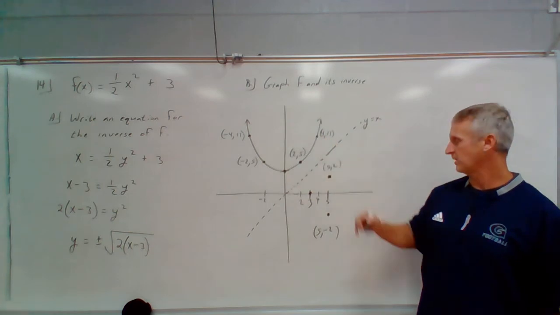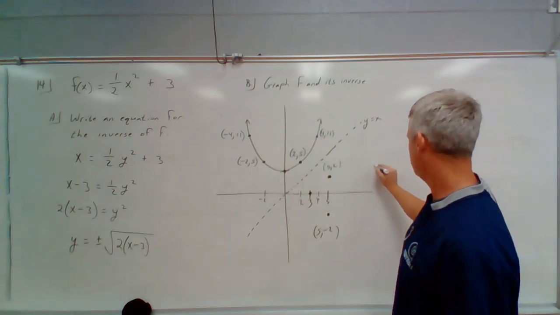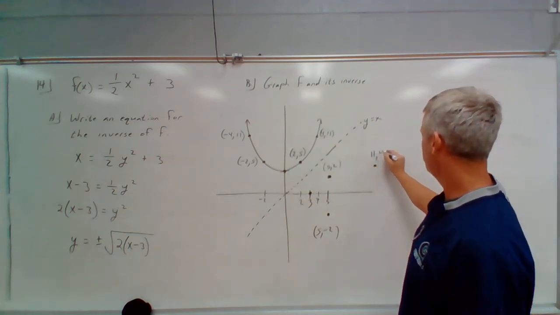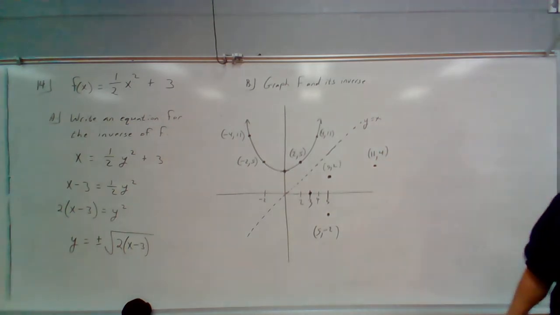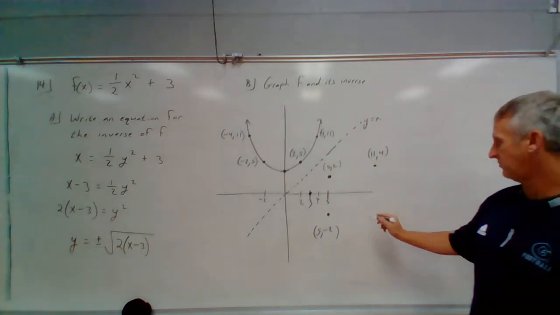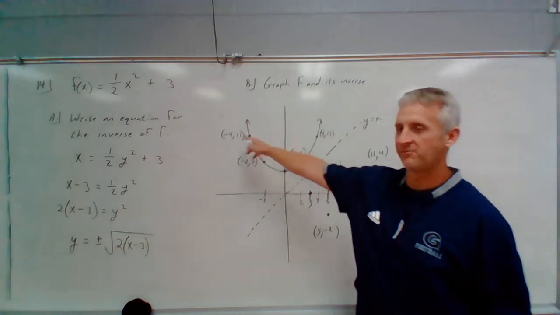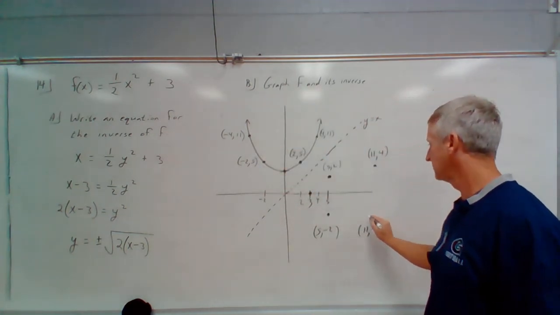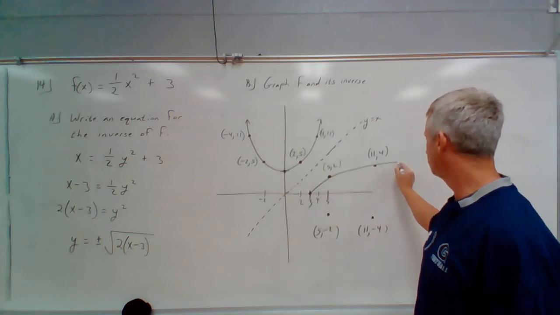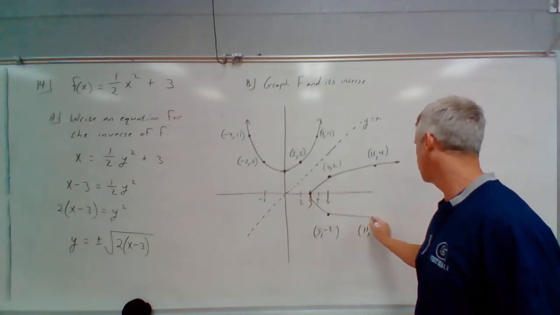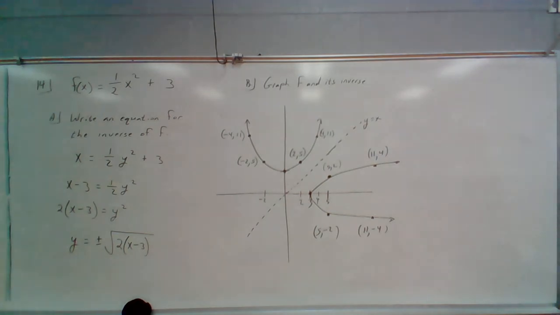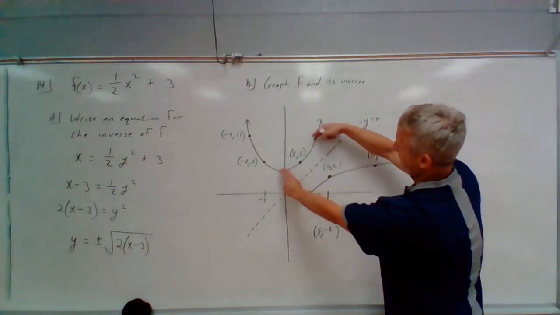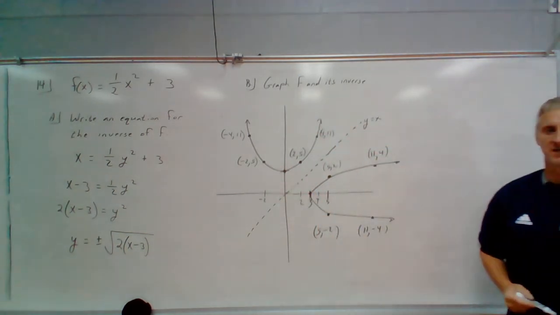I've got the point (4, 11), so I would need the point (11, 4). I've got the point (-4, 11), so I would need the point (11, -4). And you see that we get this parabola turned sideways. Notice it has been reflected across the line y equals x.